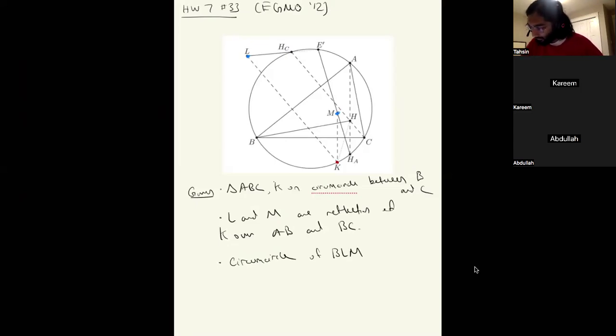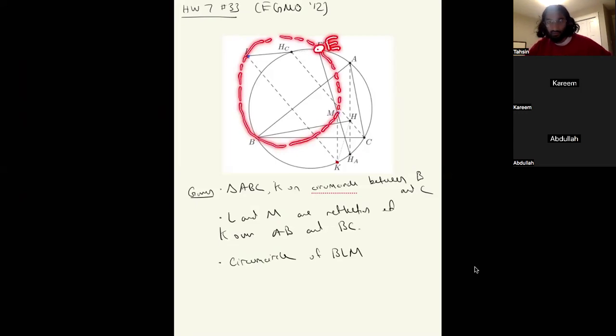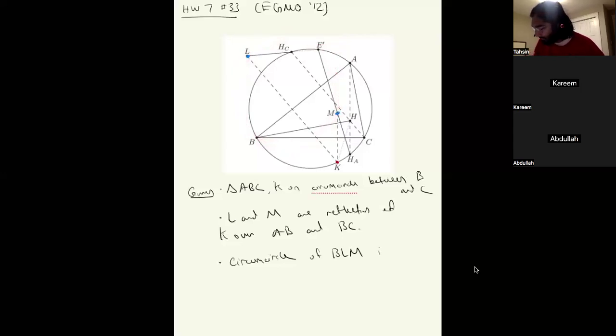So that's this circle here, and we constructed this point E. This point E was the intersection of the circumcircle of BLM with the circumcircle of ABC. So the circumcircle of BLM intersects the circumcircle of ABC at E.